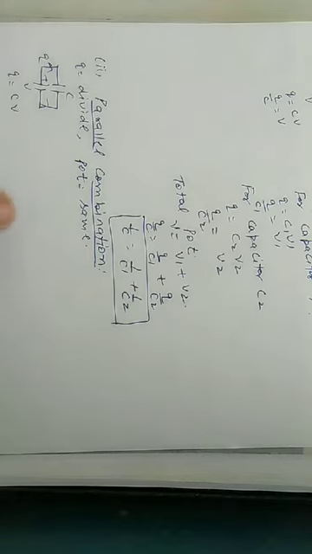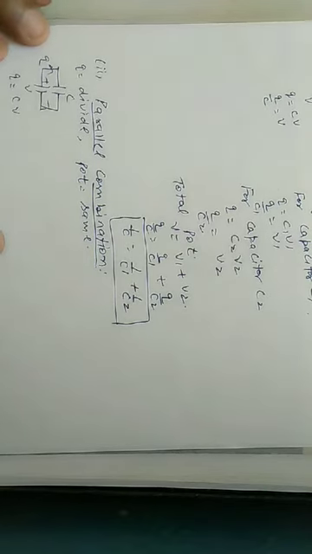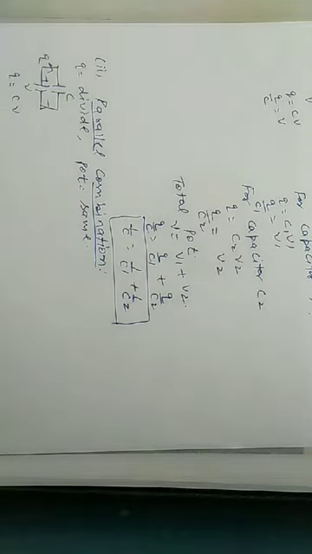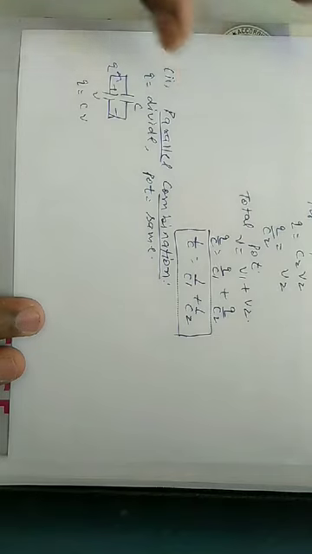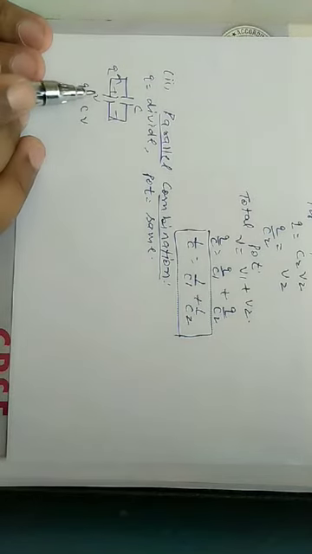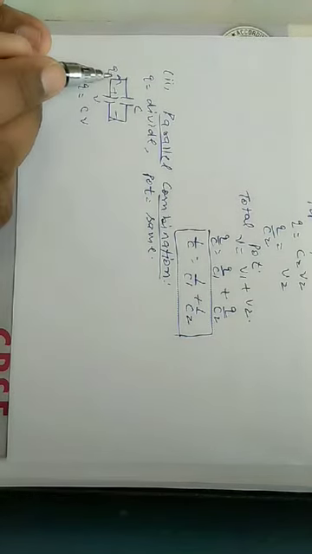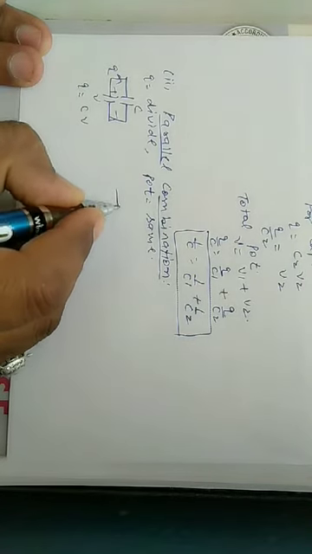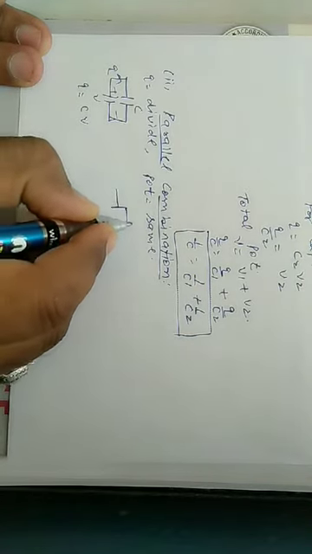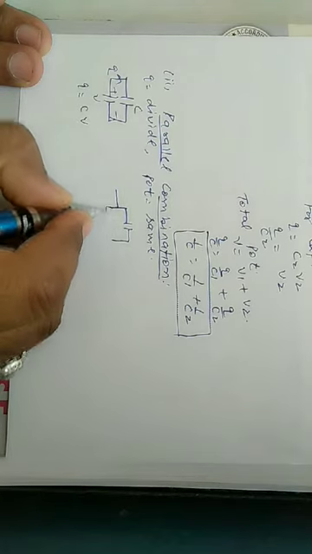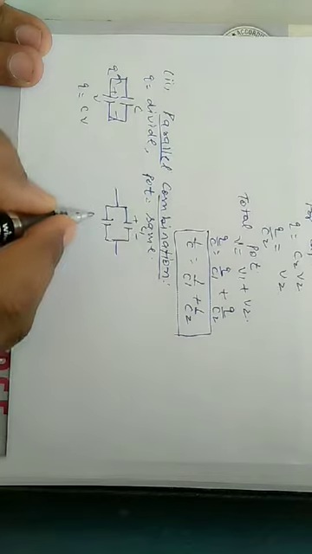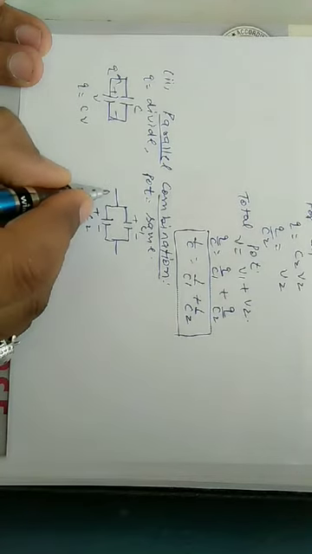Second is parallel combination. The condition for the parallel combination is that charge divides, potential remains same. Let a capacitor of capacitance C attach with a battery of potential V, charge Q flows, Q equals CV. In the place of the capacitor, we attach two capacitors in parallel combination: positive negative C1, positive negative C2.